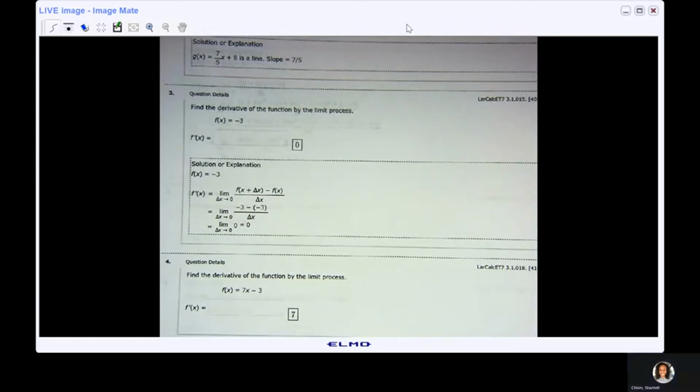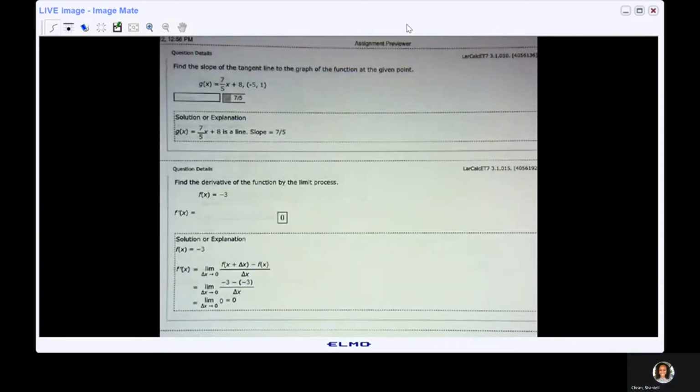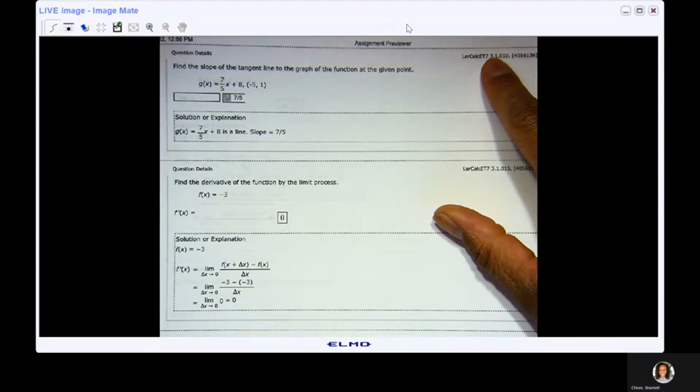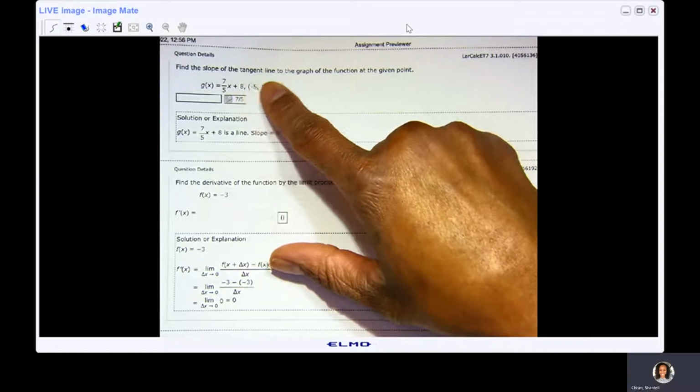Number two is asking you to find the slope of the tangent. The ID for this question is 6.10, but it's just like find the slope of the tangent.